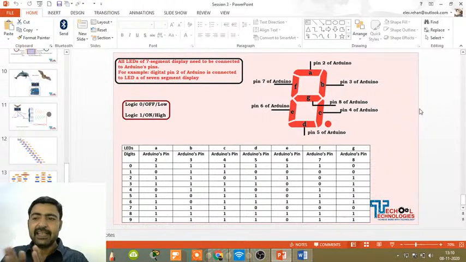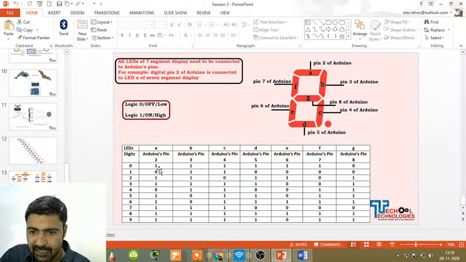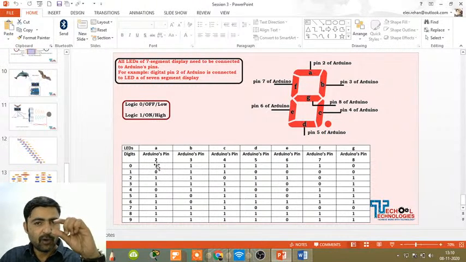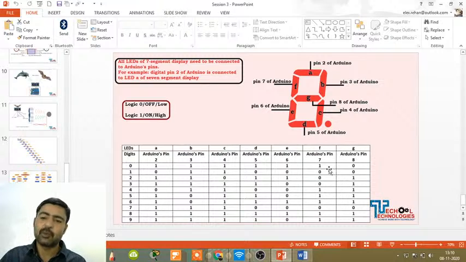In the same way, whatever numbers we have to display, we make a table. As you are seeing in the table, these are digits 0, 1, 2 up to 9, and in front of each is a 7-bit code. This 1 means 5 volt, 0 means 0 volt.